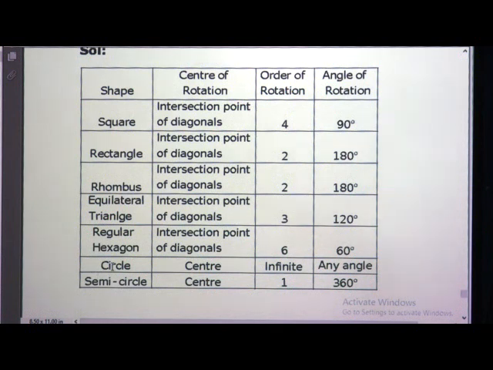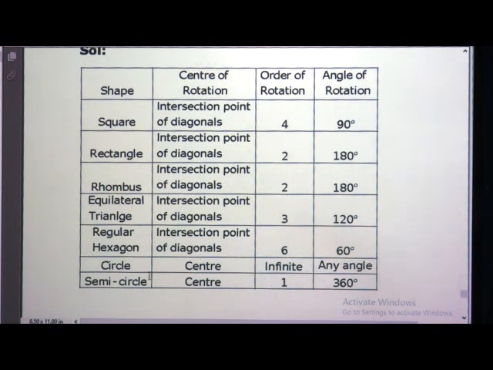And the circle, you know very well, has infinite lines of symmetry and it has a center of rotation. So the order of rotational symmetry is infinite, and the lines of symmetry are also infinite, and the angle of rotation can be any angle.